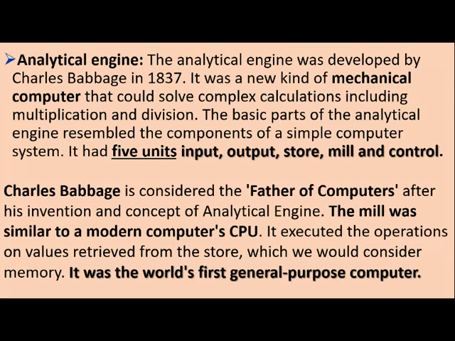It was a new kind of mechanical computer that could solve complex calculations, including multiplication and division. The basic parts of analytical engine resemble the components of a simple computer system. It had five units: input, output, store, mill, and control.